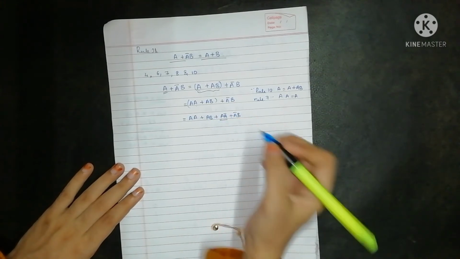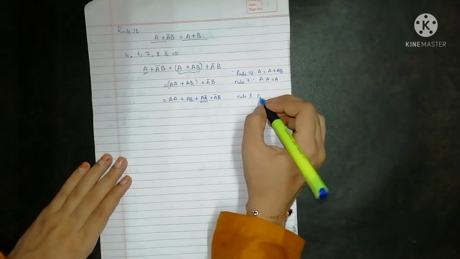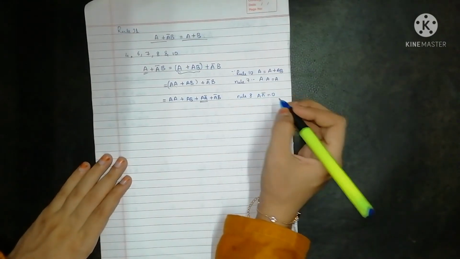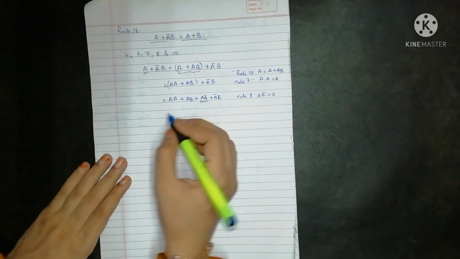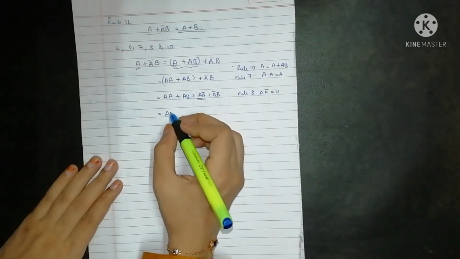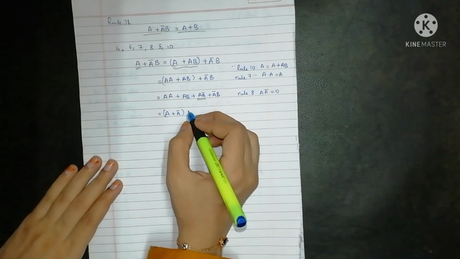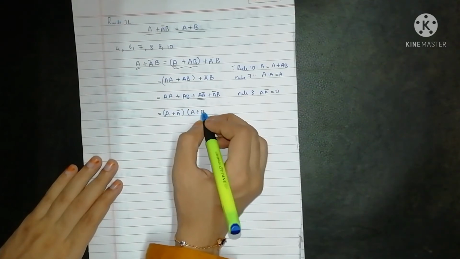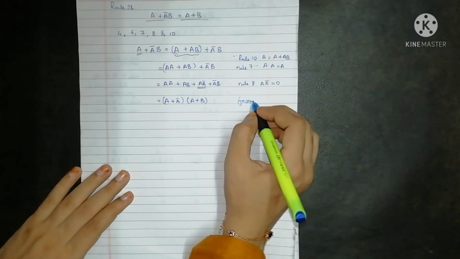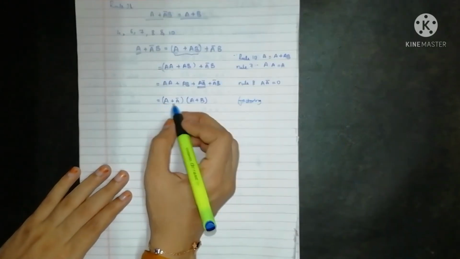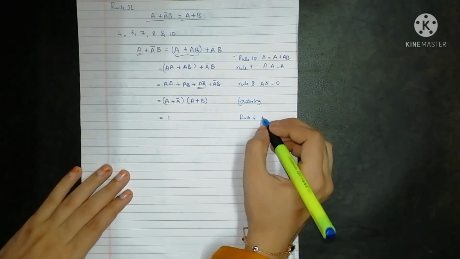Now this is the extra term that we are adding, and the rule number 8 says that the value of A into A bar is equal to 0. So this will not affect our expression since the value is 0. We will do the factoring. So A plus A bar into A plus B. A plus A bar is equal to 1 by rule number 6.